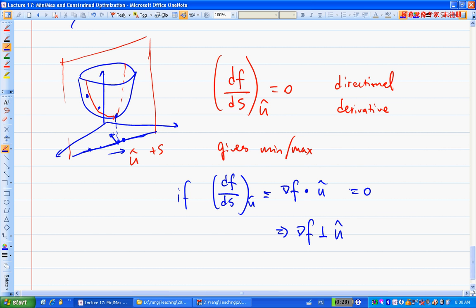Or maybe in my drawing here it's actually this direction. Is that okay? This is very important. So just understand this concept here. At the minimum point, your del f needs to be perpendicular to the u hat.